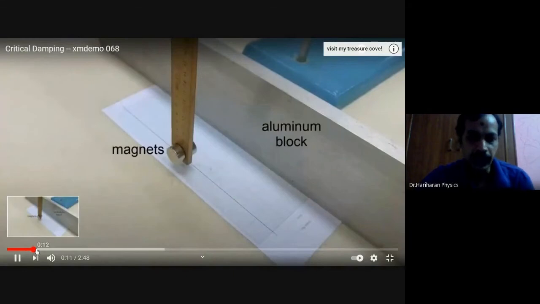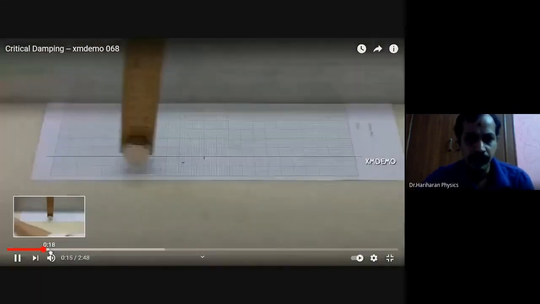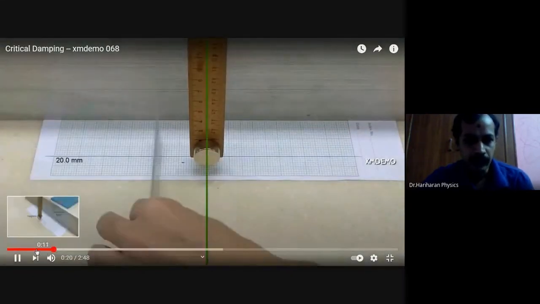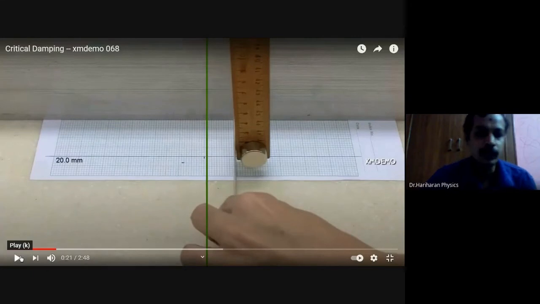Okay, this is actually underdamping. Now look here, the body is displaced from its equilibrium position when this distance happens to be 20 millimeters or 2 centimeters.